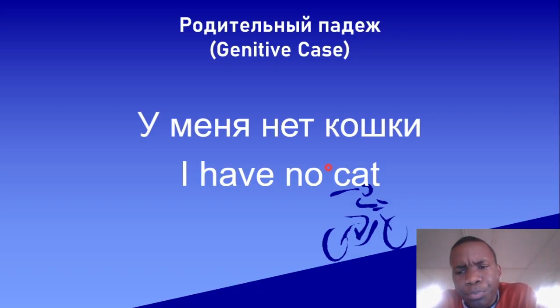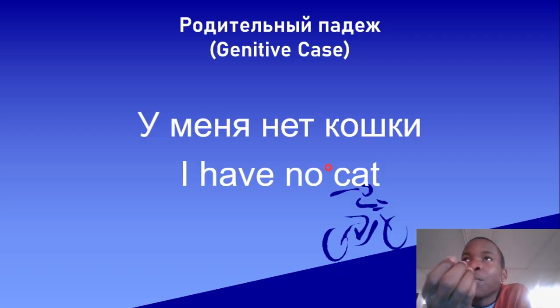So what we will realize is that every time we have a feminine word, sabaka, sorry, sabaka is a dog, and from that word we can see that it is a feminine word.